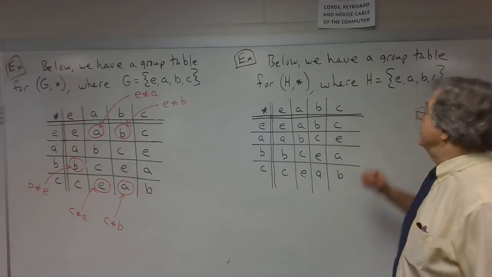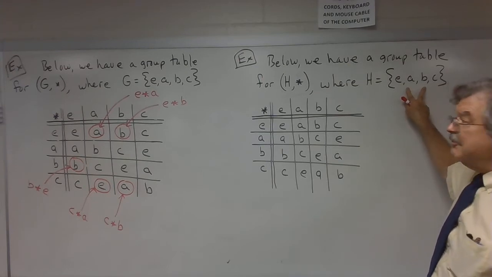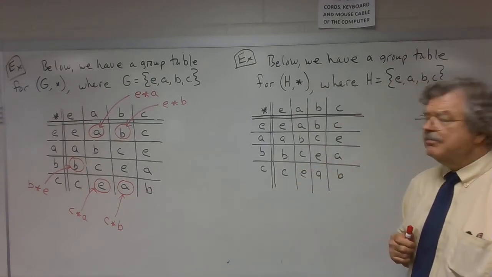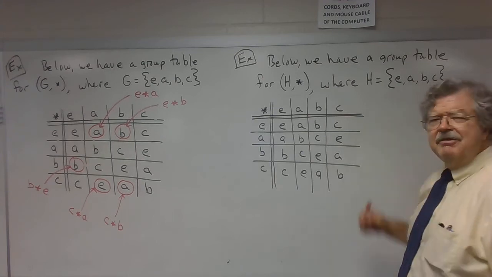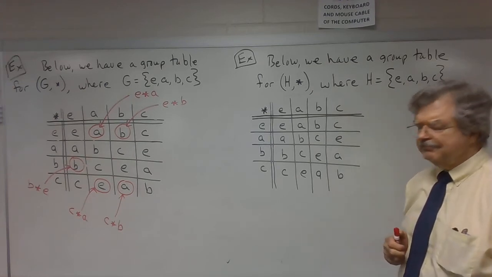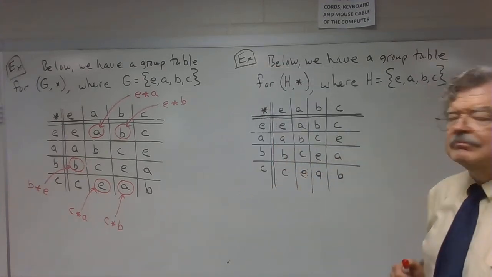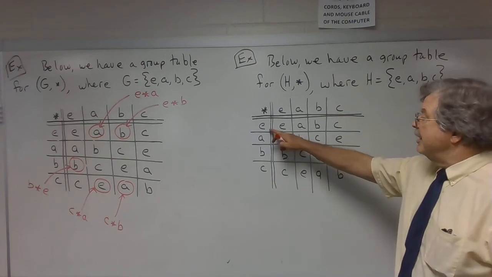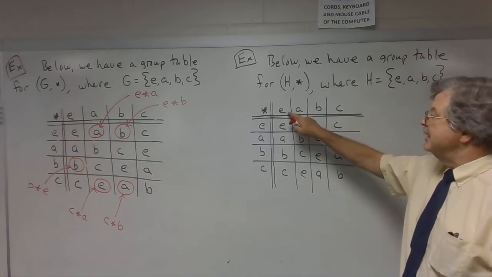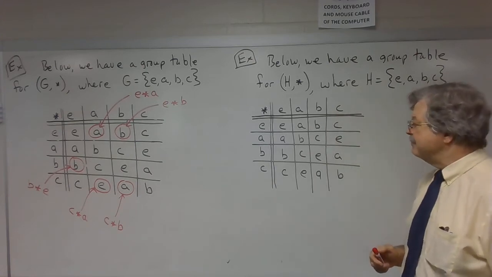Interestingly enough, what we call the set of elements H, even though it turns out that the set H and the set G are one and the same, but this is going to be a different group, so we'll call it set H. And we know across the first row, the elements in the first row are exactly the same as the column headers that appear in the row of column headers across the top.